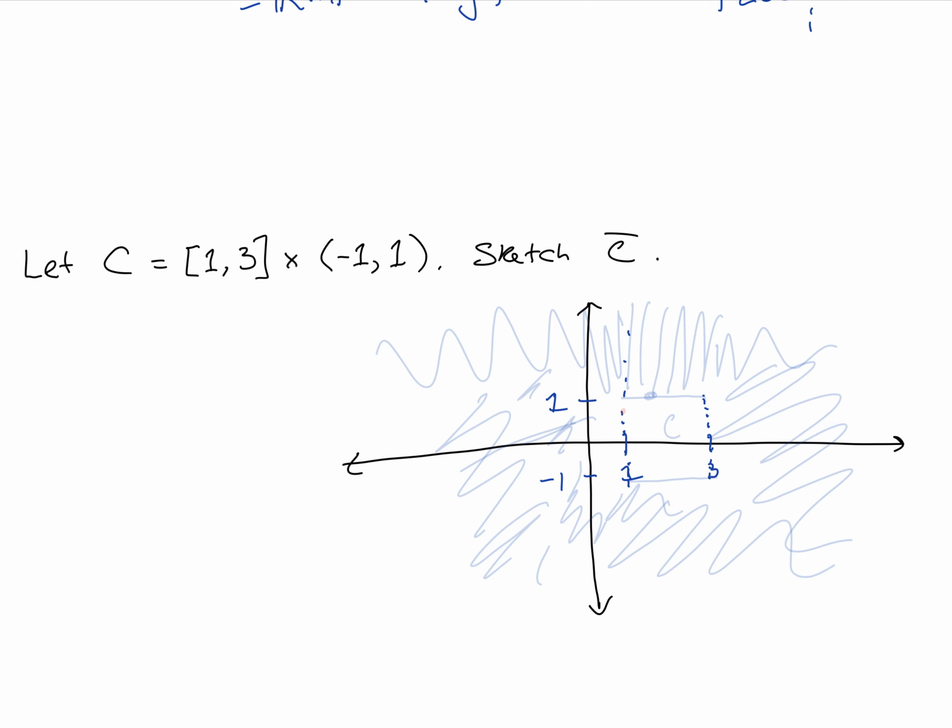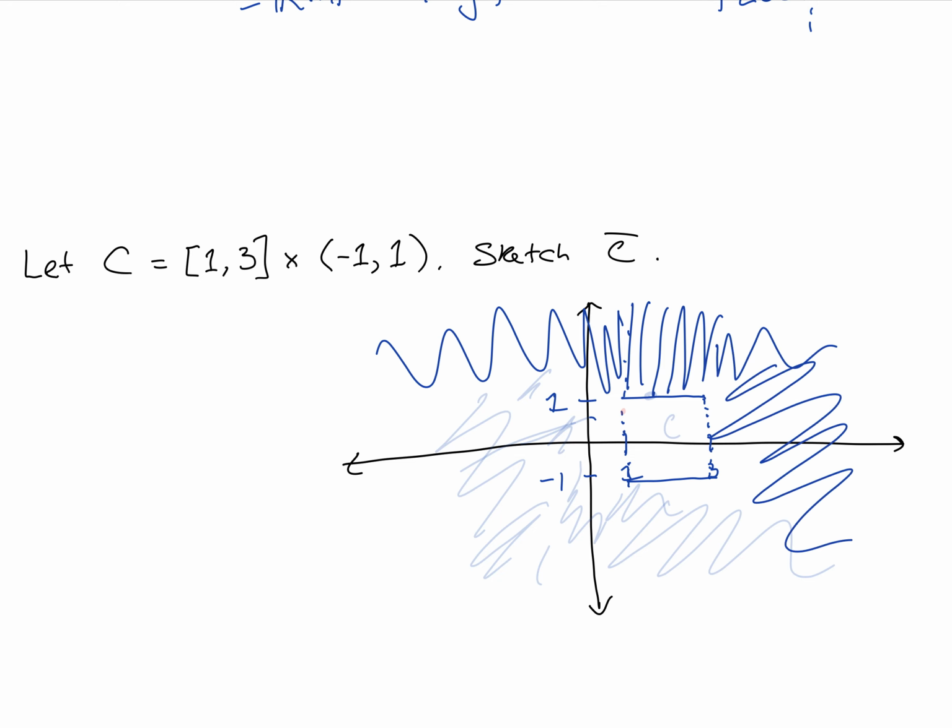And we're outside the open interval on the y-axis from 1 to -1. So we're outside of this here, so that's all included, and everything out here is included as well. Everything out this way is included, basically everything that is not inside that partially open, partially closed rectangle C.